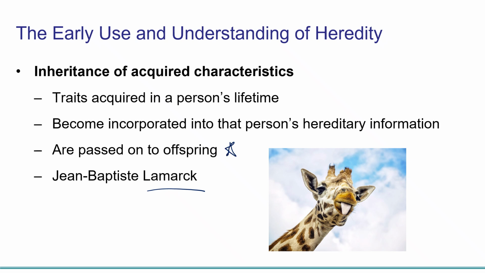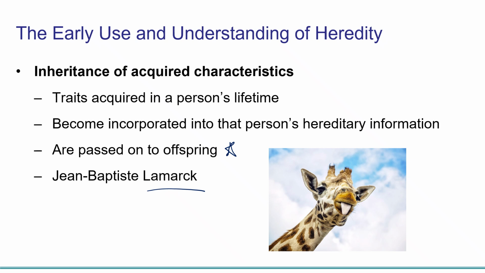That information is definitely passed on to the offspring. His mechanism has not been supported by later biological evidence. In general, a trait that you acquire over your lifetime is not passed to your offspring. The example that I like to use here is if you are a bodybuilder and you bulk up your muscles and then you make a baby, that baby's not born with those bulky muscles. They have to acquire those muscles over their lifetime.